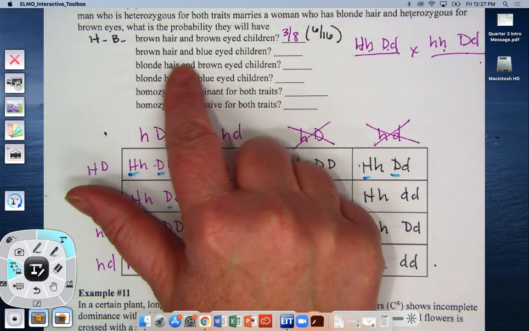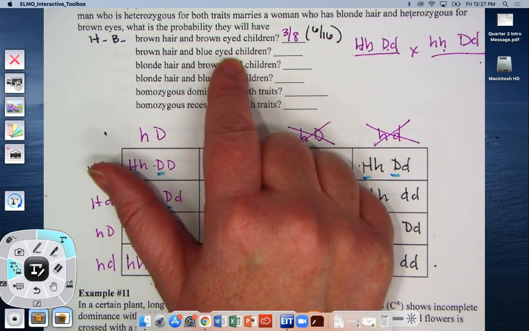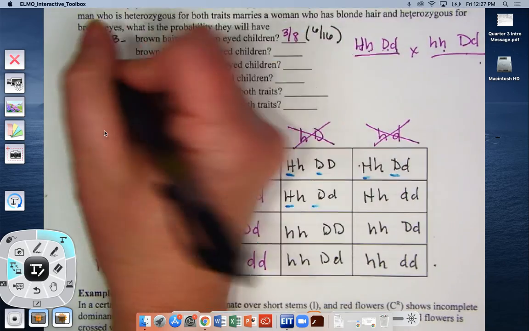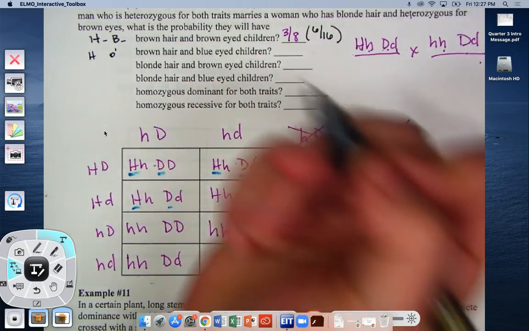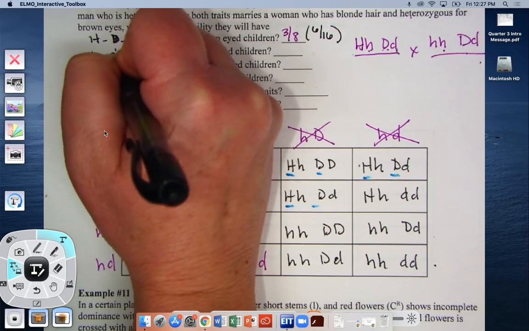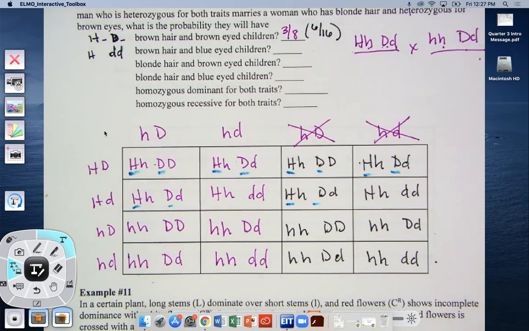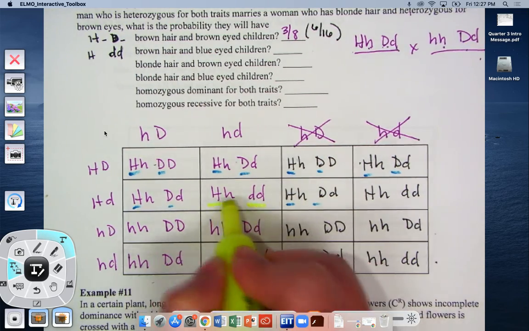So brown hair and blue eyes. We need a capital, but then we need a lowercase, oops, this is supposed to be a D. Lowercase d, right? So where is that? So here's a lowercase d and a capital.